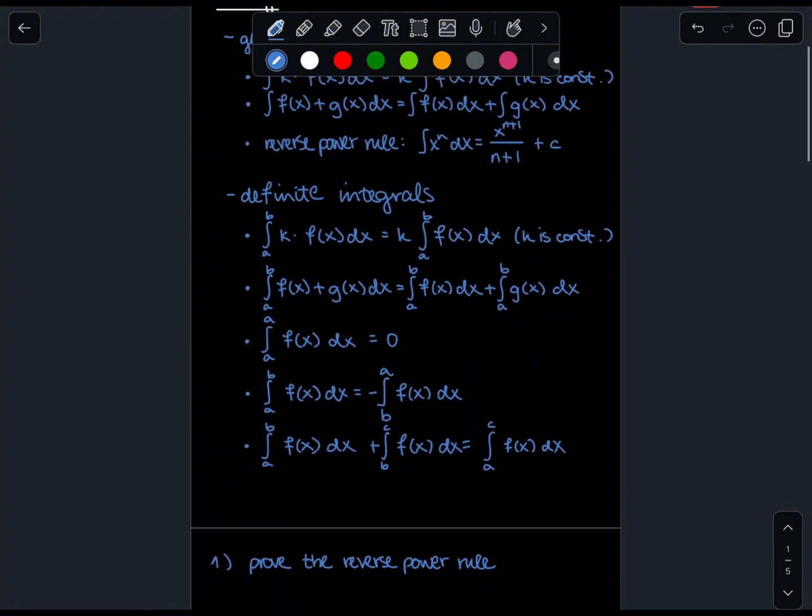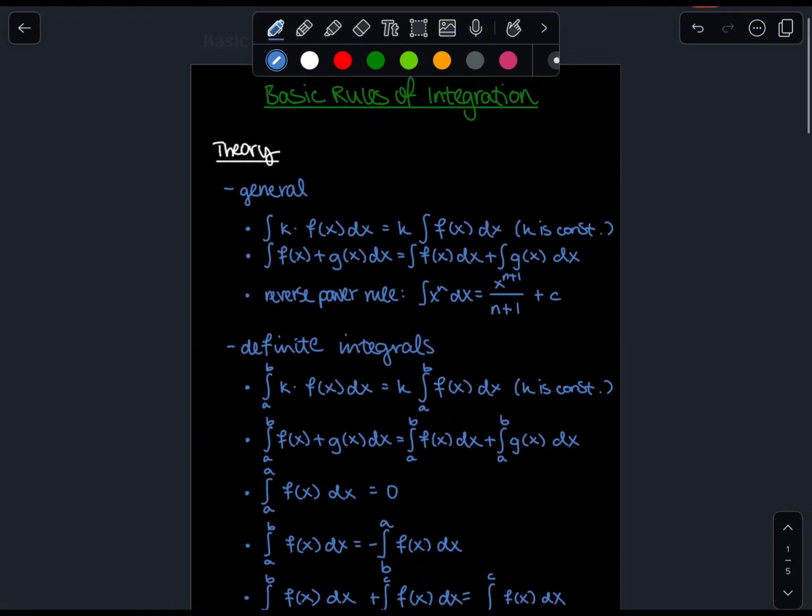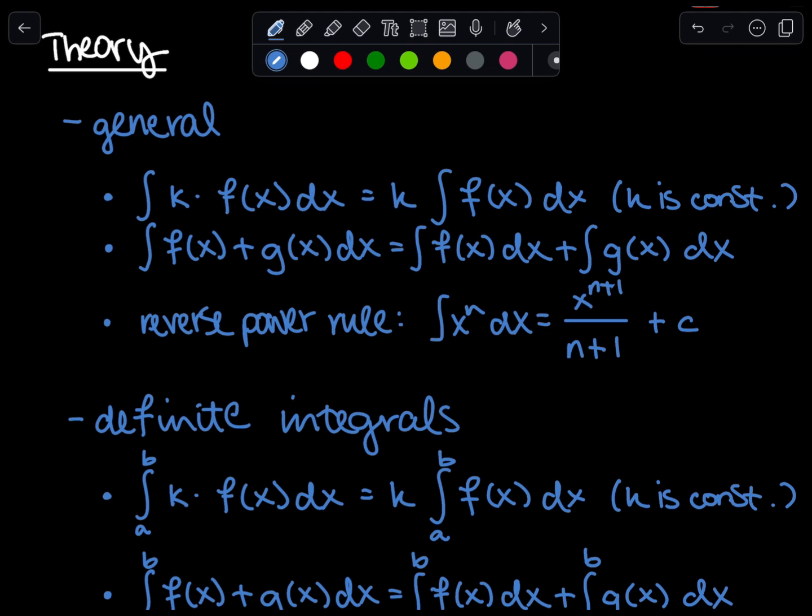So let's get started. First of all, we have these general rules. If we have an integral of a function multiplied by a constant k, so this number can be 2 or 3 or any number really, as long as it's independent of x and it really is just a number, then we can take it outside of the integral like that and have the integral in this form, and the equality is preserved.